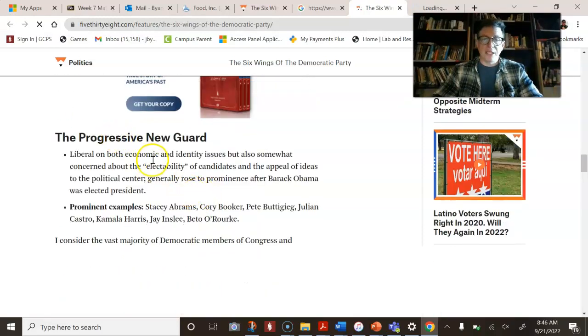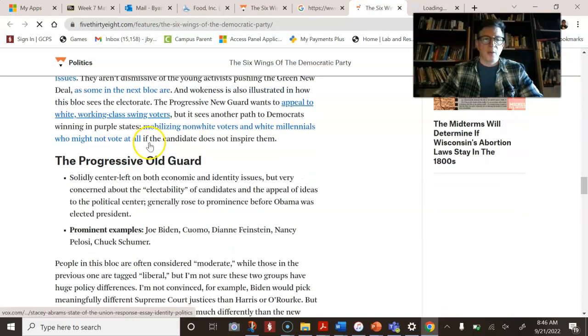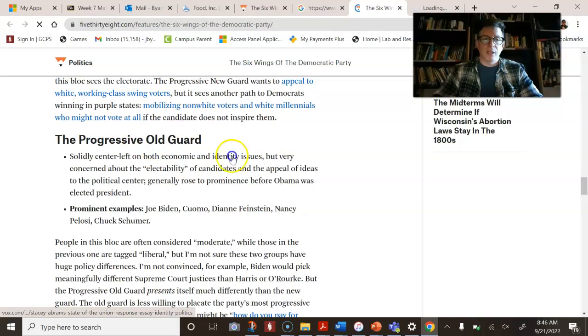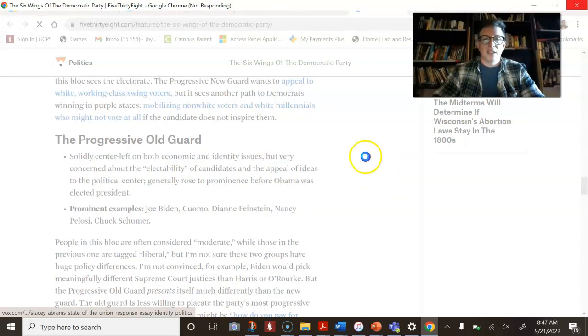And then there's the progressive New Guard, liberal on both economic and identity issues, but also somewhat concerned about the electability of candidates and the appeal of ideas to the political center. They rose to prominence after Barack Obama. Okay. Stacey Abrams, woo woo, go girl. Then we have the progressive Old Guard, which I did not mean to click on that. These are center-left, economic and identity. They are almost considered to be liberal Republicans or more conservative Democrats.